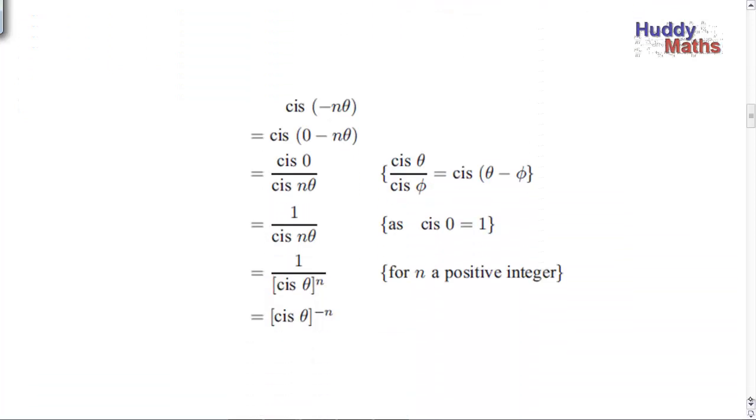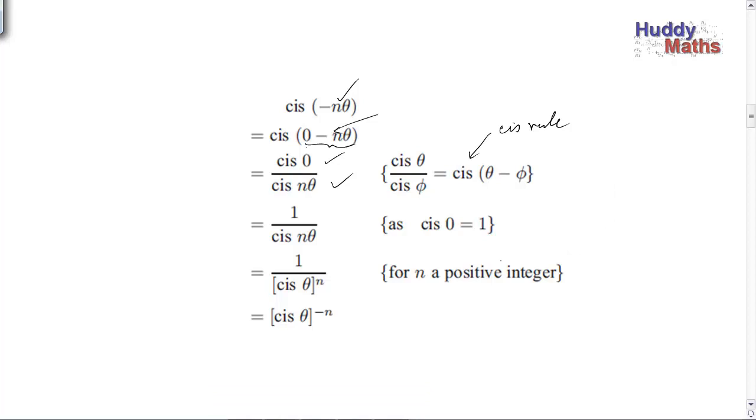Here's the first case. If you had a negative in here, you could think of this as 0 take neg theta, and subtraction of the angle represents division in cis, so cis naught over cis n theta. And here's the rule, the cis rule, if you like: cis of theta divided by cis of phi is cis of theta take phi.